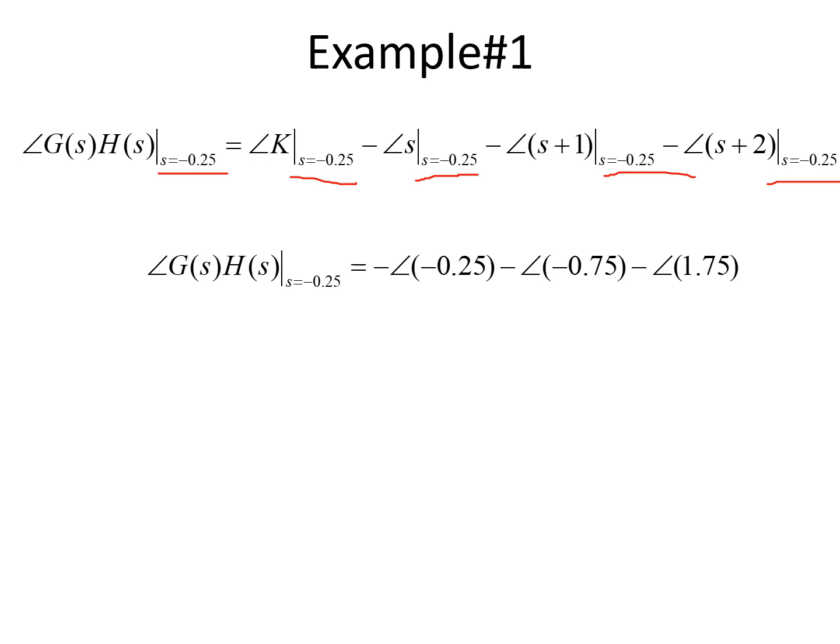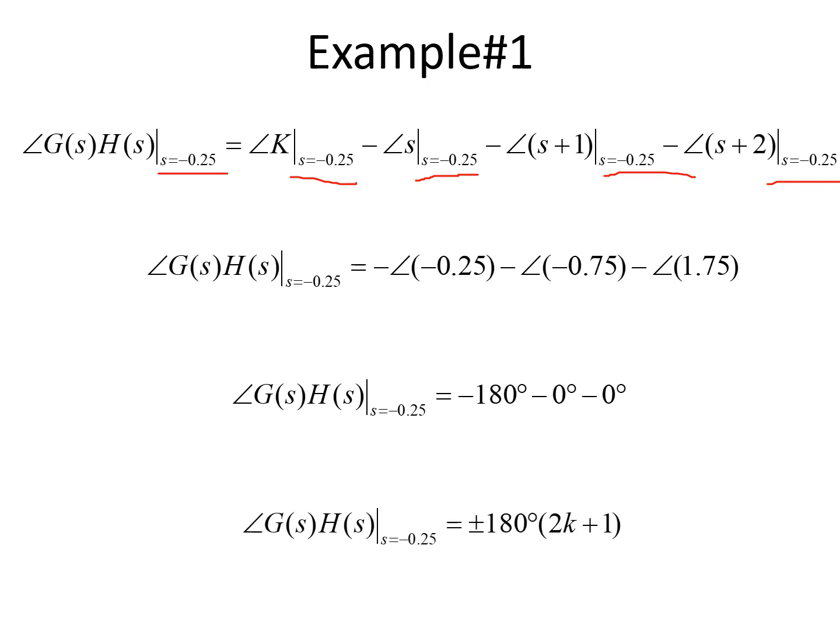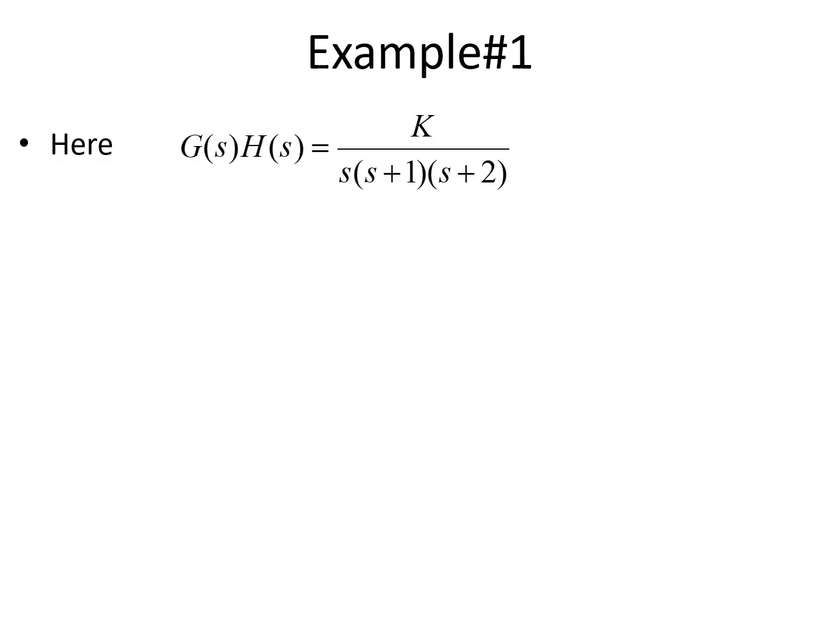Now the terms are the angle of minus 0.25, the angle of 0.75 and the angle of 1.75. When you simplify this, we get the angle as minus 180 degrees, which is a multiple of 180 degrees itself. So the angle condition is satisfied.